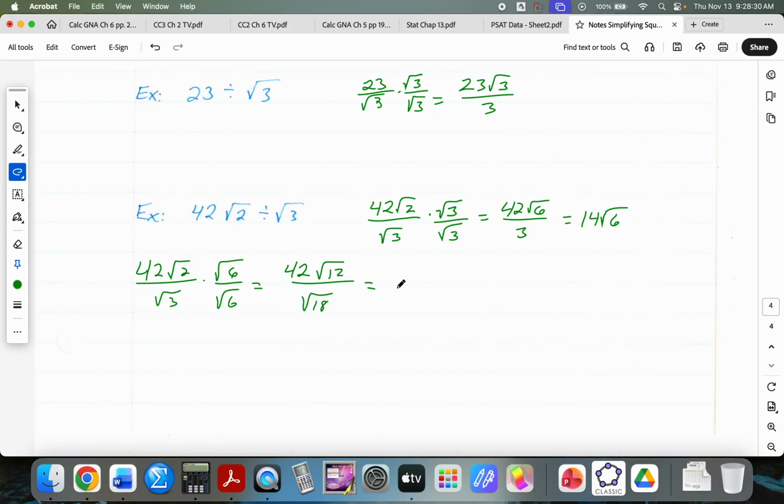And then the square root of 18 simplifies to 3 square roots of 2. Well, now I've got a square root on the bottom again, which is what I was trying to get rid of. Okay, so that's why we just multiply by the square root of 3 over the square root of 3.